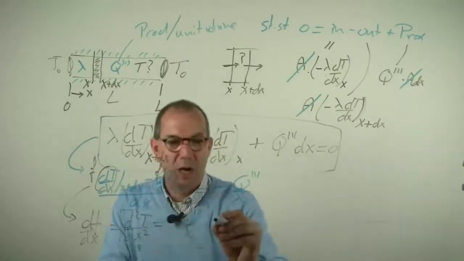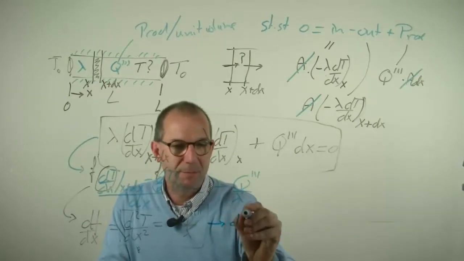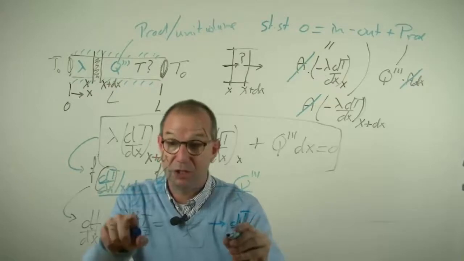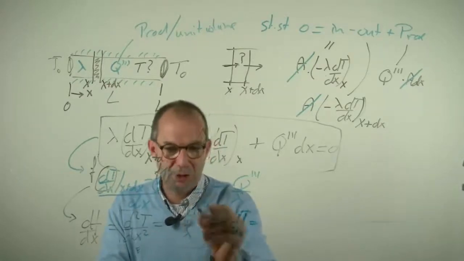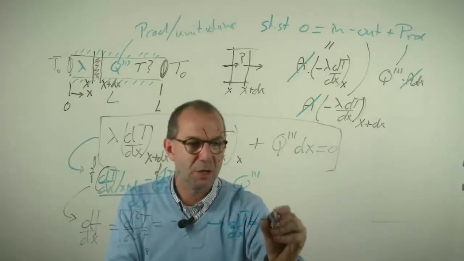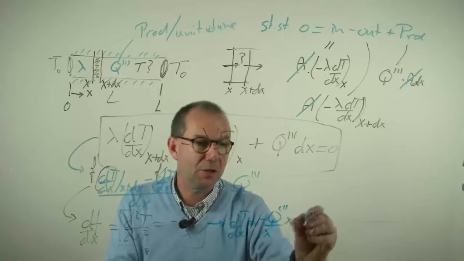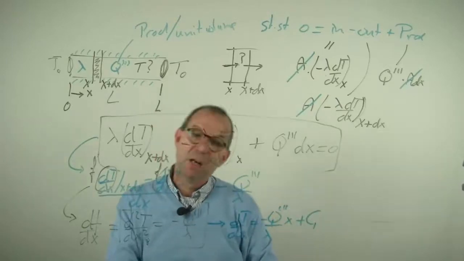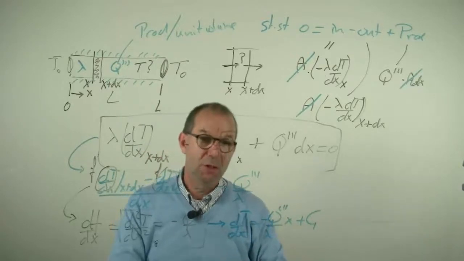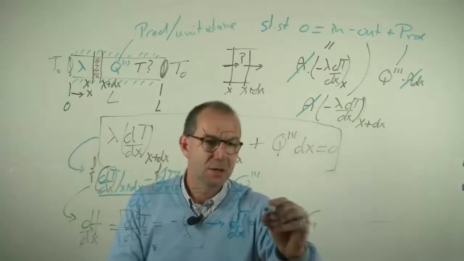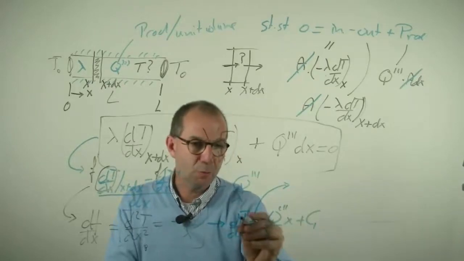I can integrate this once. If I do that, I get dT/dx, because this is the second derivative, is the integral with respect to x of this term, but that's a constant, so this becomes minus q triple prime over lambda times x, plus, I shouldn't forget, some integration constant. Alright, but I wasn't looking for dT/dx, I was looking for T. So if I continue here, now I can integrate this with respect to x.